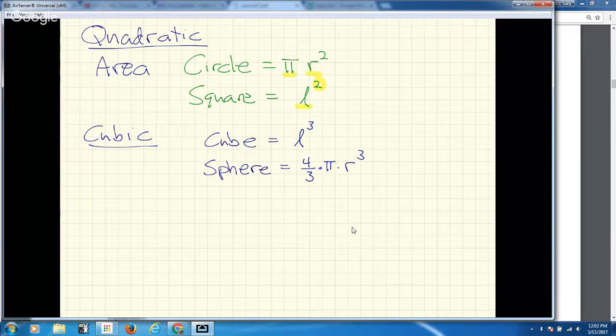Sometimes we jump into a higher dimension than the second dimension. In 3 dimensions, a cube's volume is the side length cubed. Or a sphere would be 4/3 pi r cubed. So the second power is called a quadratic. Third power is called a cubic. These are examples of power functions or polynomials.